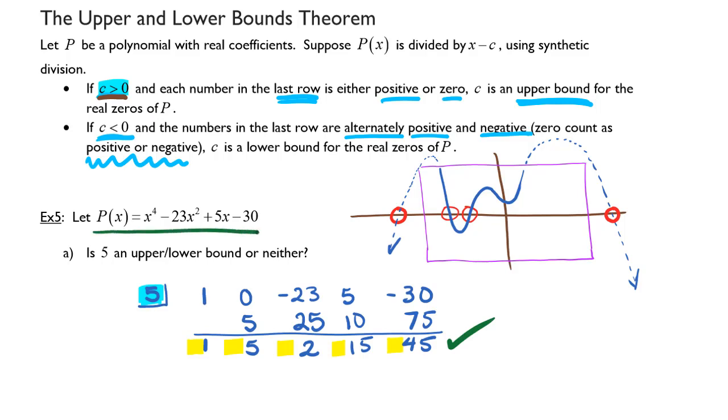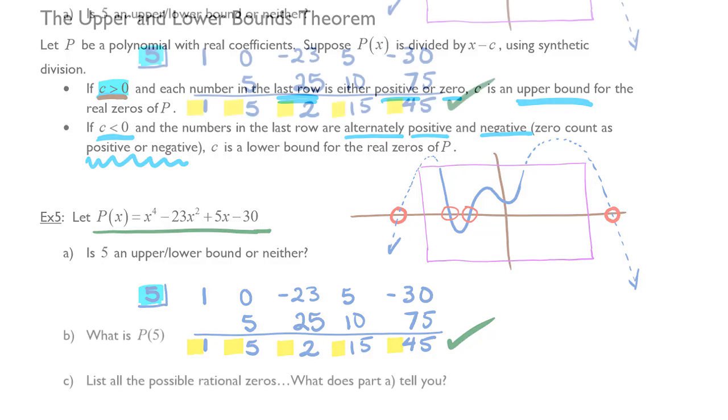Since this is a 4th degree polynomial, it means that there are no zeros or x-intercepts above 5. So any values that we possibly found that are bigger than 5, we can throw out.